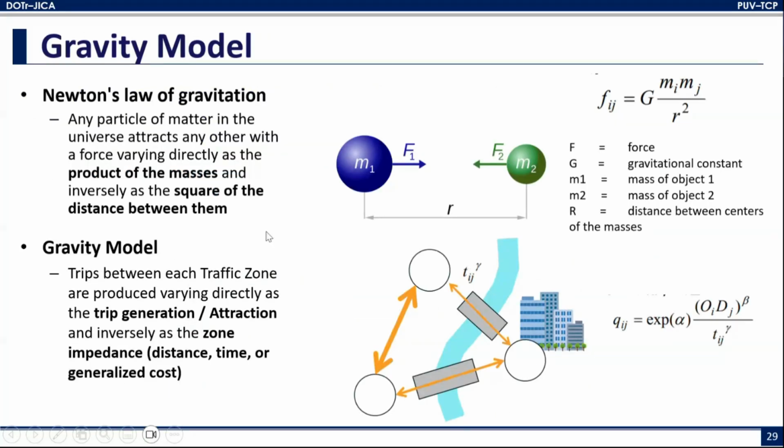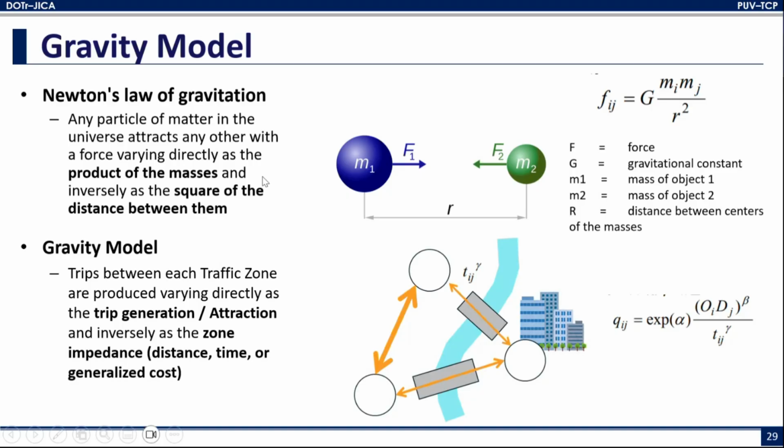Then the second, the gravity model, estimates the OD pair utilizing Newton's law of gravitation.